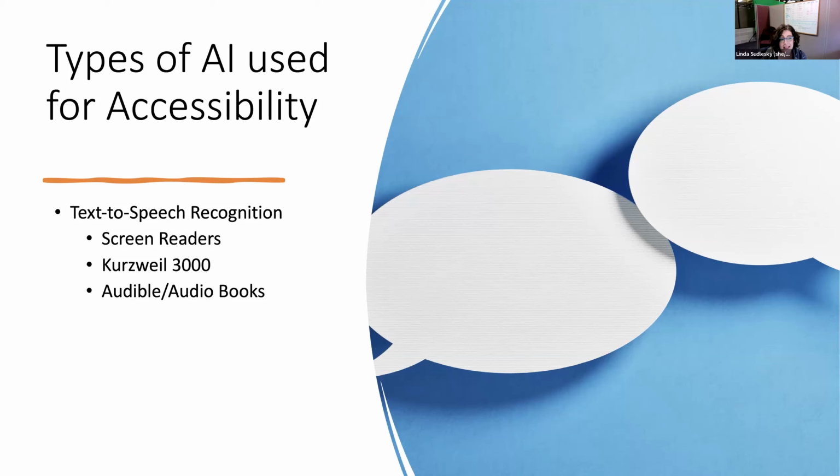A more mainstream example of text-to-speech accommodation that students may request or that they may seek out is audiobooks. And they're not achieved in the same way that the technology utilized for screen readers and the Kurzweil are utilizing, because they're essentially primarily recorded by humans.